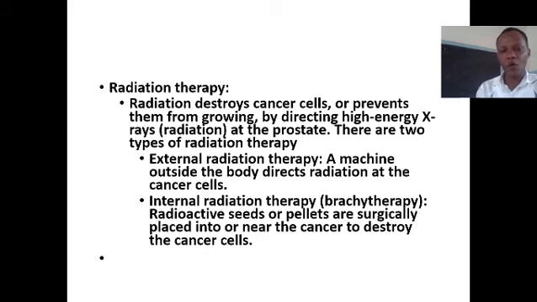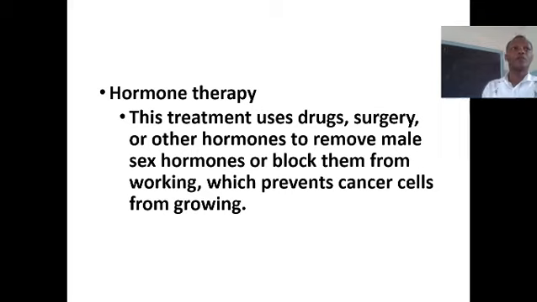Radioactive seeds or pellets are surgically placed into or near the cancer site kwa lengo la kudestroy the cancer cells. Modality nyingine ni hormonal therapy. Hormonal therapy, baada ya kupata drugs, surgery or other hormones to remove male sex hormones or to block them from working, which prevents cancer cells from growing.